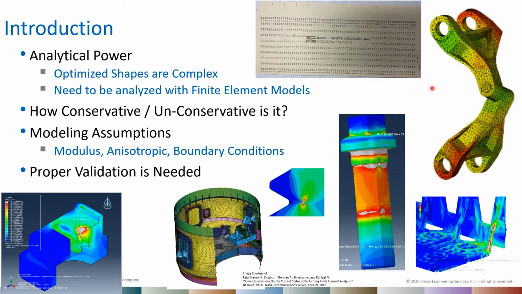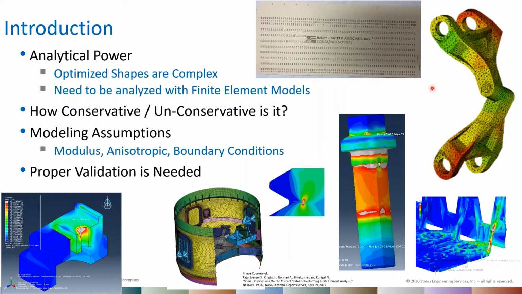Thanks to advancements in computer power, we can now analyze very complex shapes and structures, even advanced manufacturing techniques, and we can come up with very optimized shapes. However, optimized shapes are very complex, and in order to analyze them, very complex analytical models need to be developed.